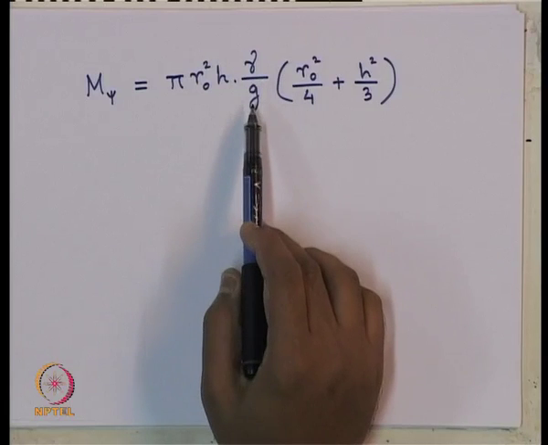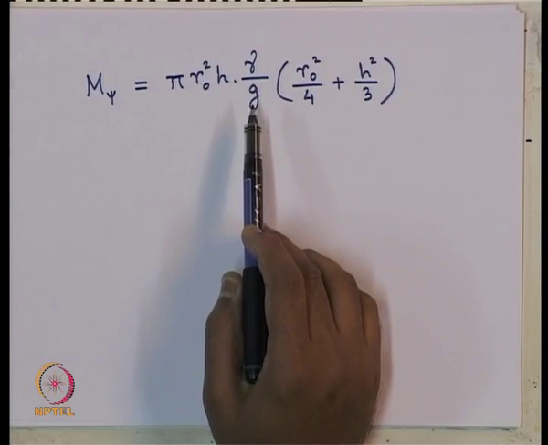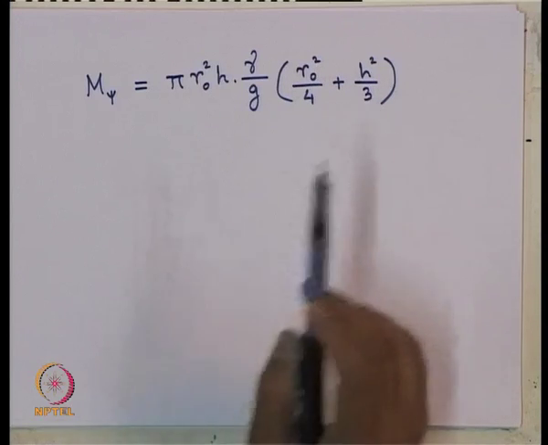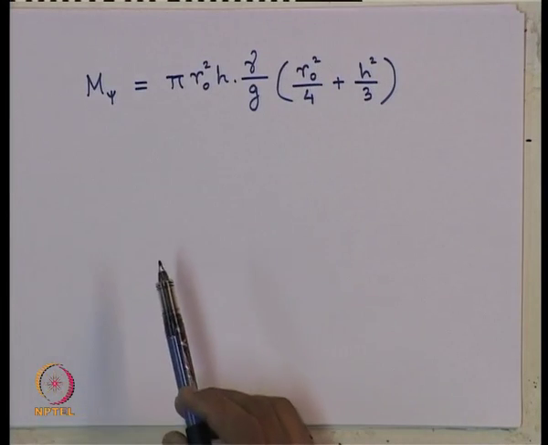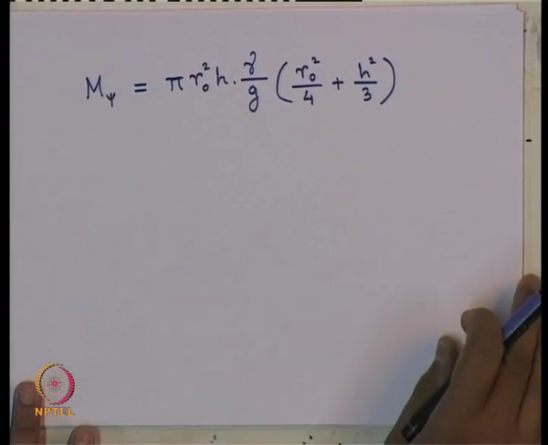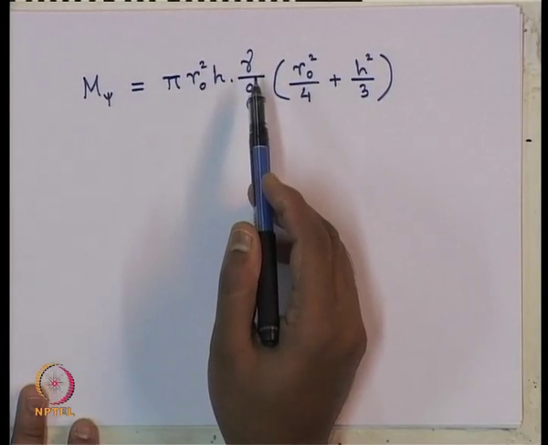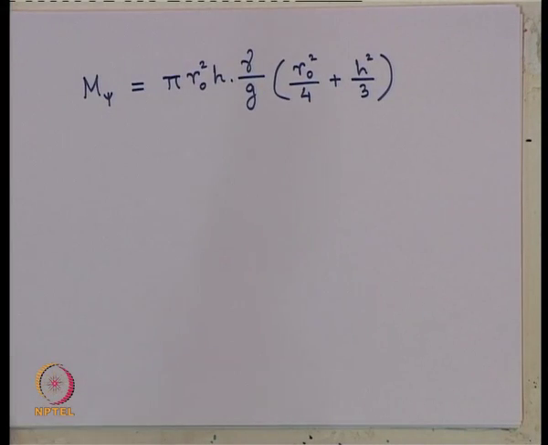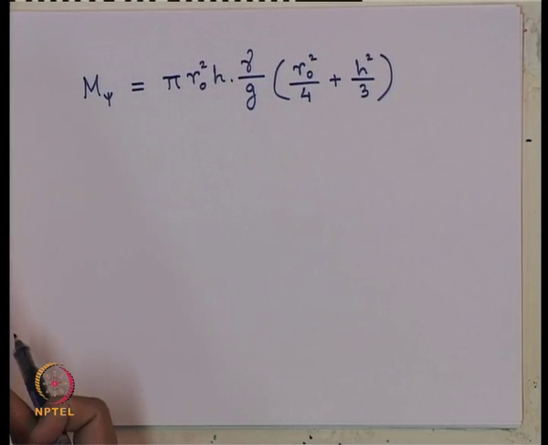So, this is basically going to give the density, and r naught is already defined, h is also already defined. In this case, what we do not know, gamma value we do not have with us, right. So, we have to assume some suitable value of gamma corresponding to different types of soil.